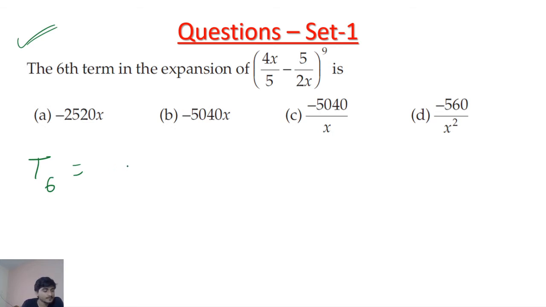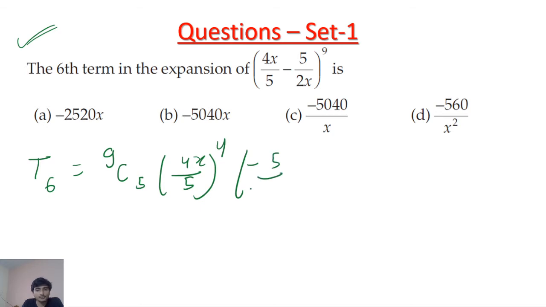Okay, so T6 means 9C5 into (4x by 5) to power 9 minus 5, that is 4, and then (minus 5 by 2x) to power 5.